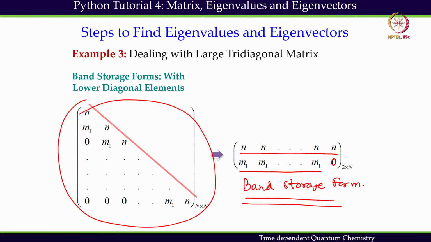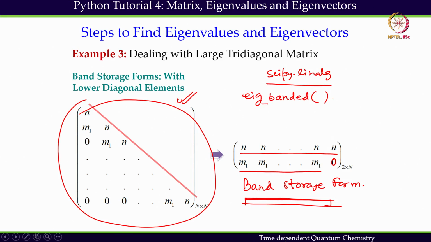And if we do that, then the SciPy linalg submodule gives one very efficient functionality to calculate the eigenvectors and eigenvalues for this kind of matrix, if it is stored in the band storage form. Instead of only eig within brackets, I have to now use eig underscore banded.